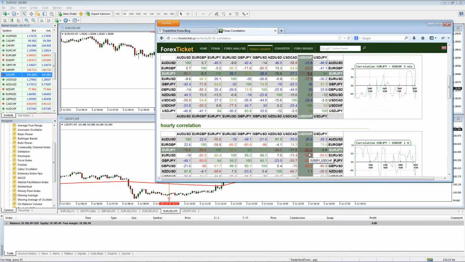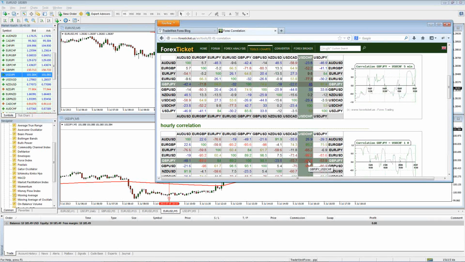Just go in and say, okay, you've got US franc versus pound yen, -91 on the hourly, and then you can see above it's positive 48, and you can see on that chart how it just recently was down negative, and you can barely see it, but it says it was today at 8 a.m. So that's when you go to your chart and do what I just did, and try to see what happened, see what caused that, and see what your strategy would have been, and just do a little bit of manual backtesting to get a feel for how it works, and then play with it on a demo and maybe start to implement it.